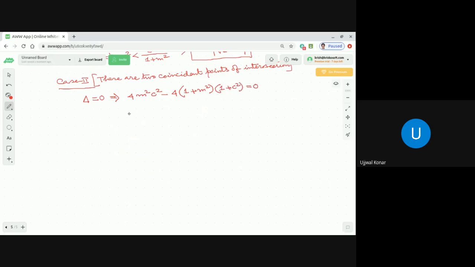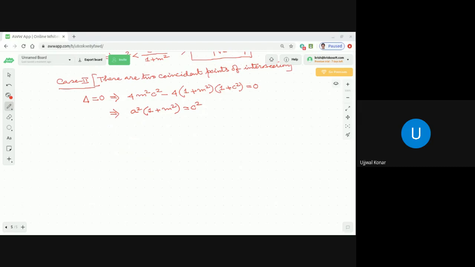Dear students, I am not deriving each and every step, because we have already done this simplification in case 1. So we will get a square into (1 plus m square) should be equal to c square.